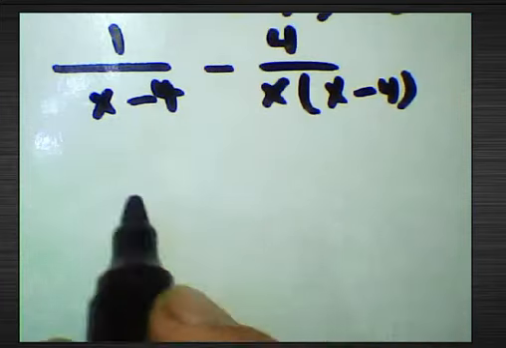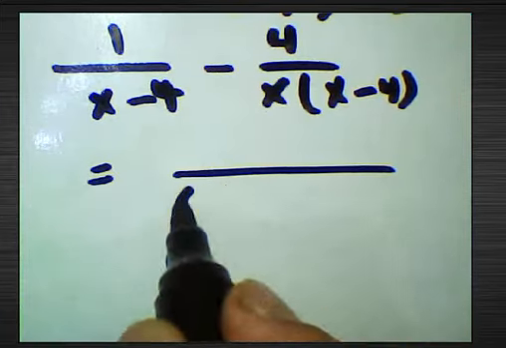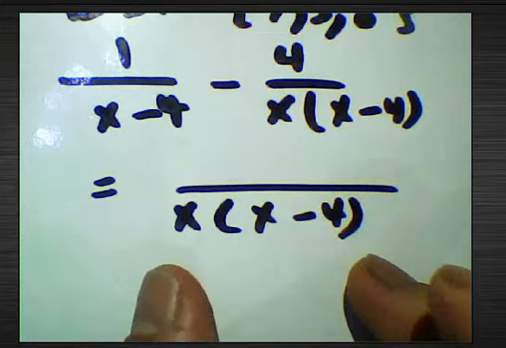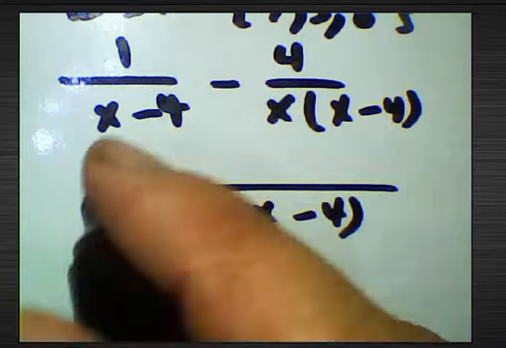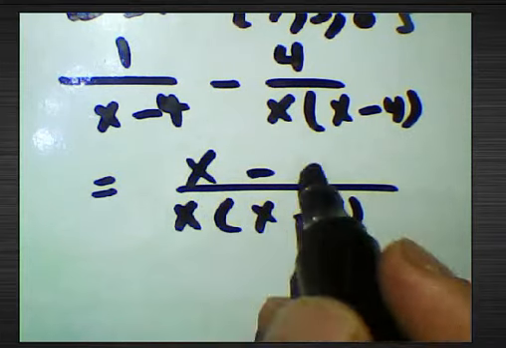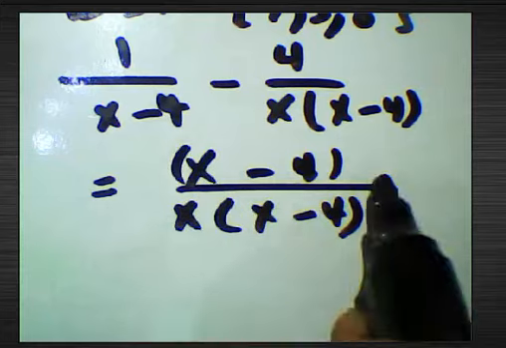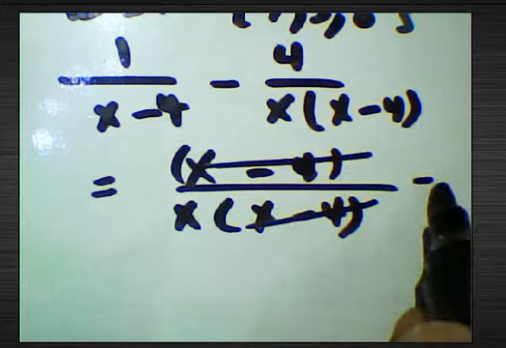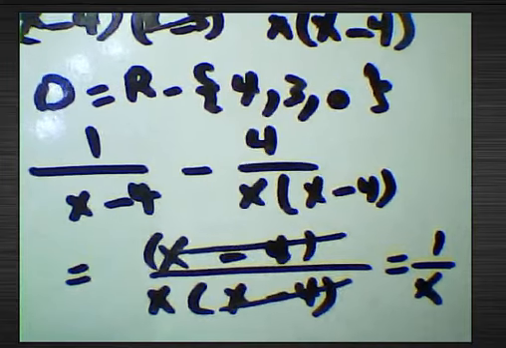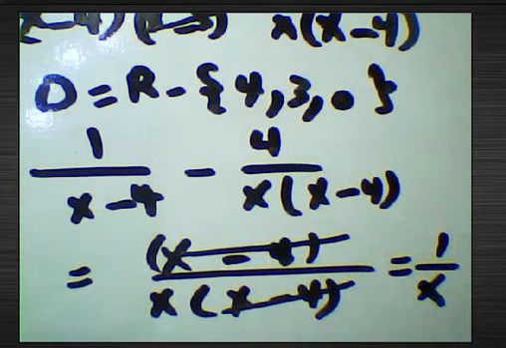And then you can complete by writing x times (x minus 4) here, dividing expression by expression. x times 1 equals x, minus 1 times 4 equals 4, and then (x minus 4) divided by (x minus 4) equals 1, so 1 over x is the simplest form of this example. Okay, so the result will be 1 over x.